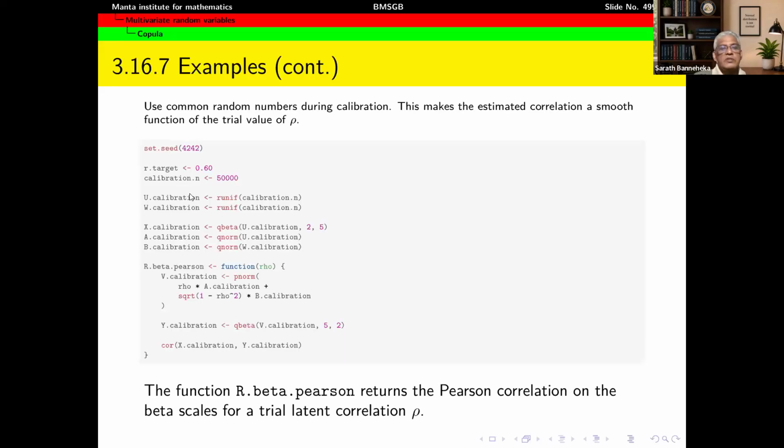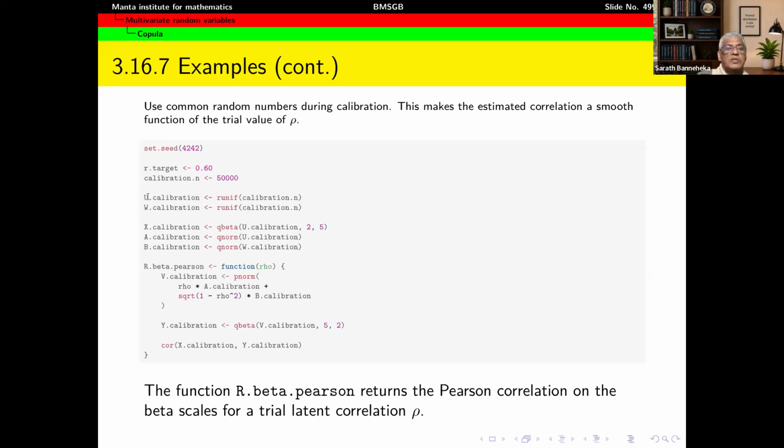Right. So this is what we do for the calibration. For the calibration, it's better if you consider as large a number of observations as possible. So here I'm considering 50,000, but if you can have more than that, that will be much better. So what I do is generate 50,000 standard uniform random numbers, called U calibration, and another set of 50,000 random numbers from standard uniform, called W calibration.